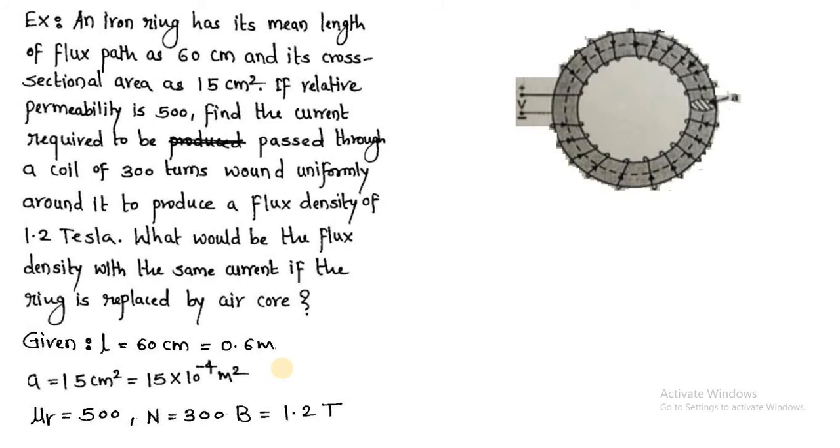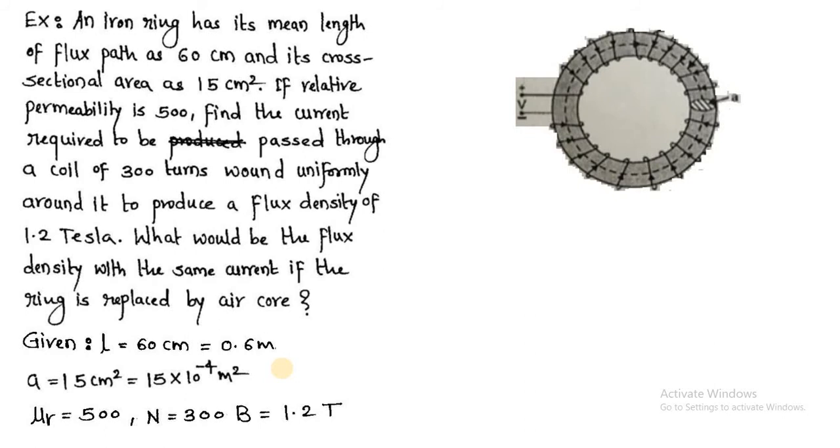Okay, flux is equal to MMF upon reluctance, where MMF is equal to Ni. Very good. So if I know the flux and if I know the reluctance, I can find MMF. And if I know MMF, then MMF is equal to N into I. N is known, so we can find I. Okay, so there is one way.